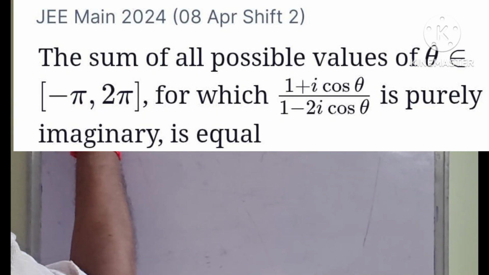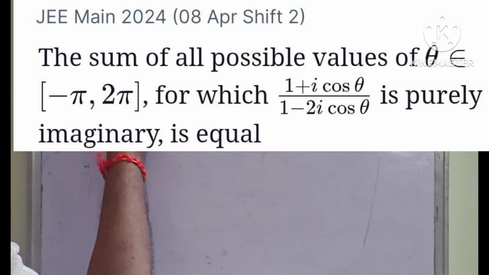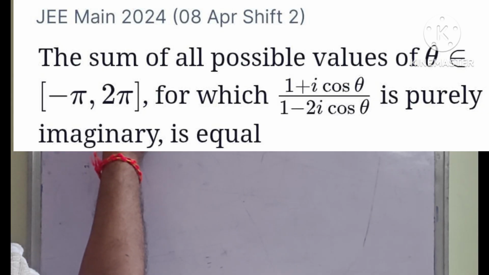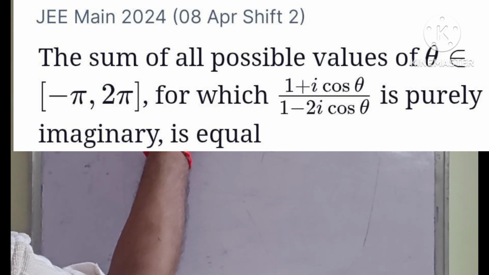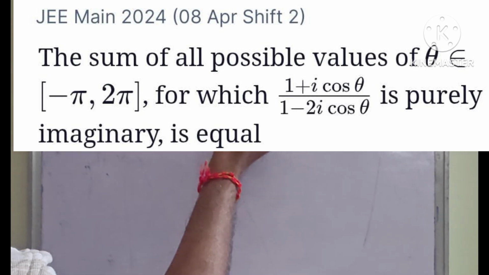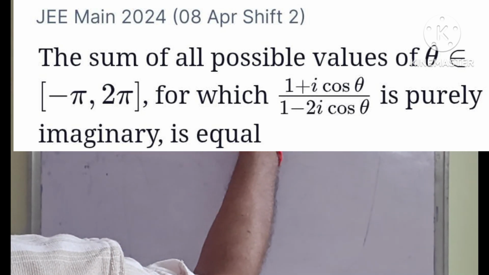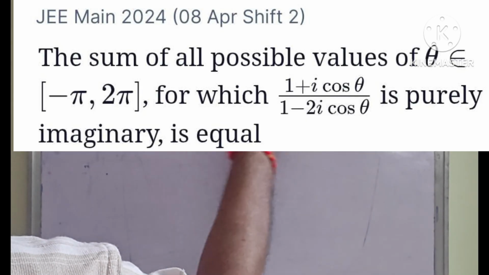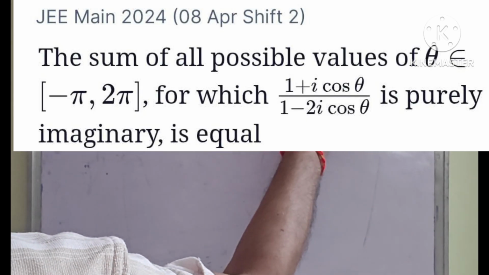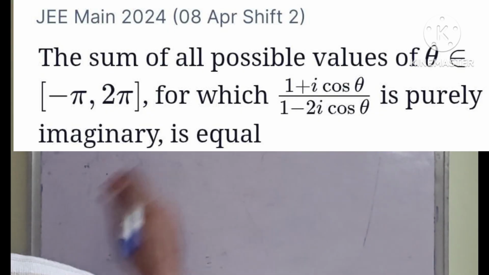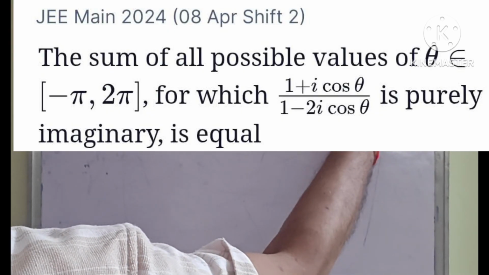Number 2, here 2024: the sum of all possible values of theta which belongs to minus pi comma 2 pi, for which (1 plus i cos theta) by (1 minus 2i cos theta) is purely imaginary.